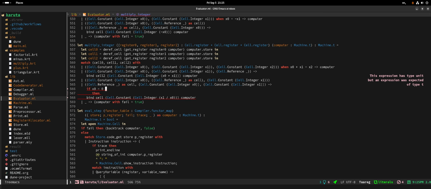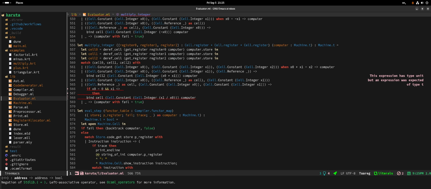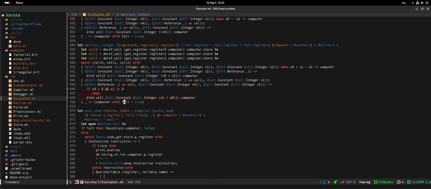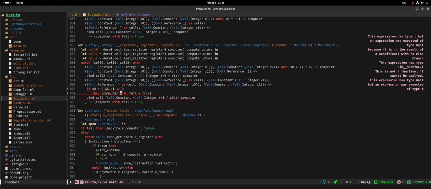Ah, okay. Actually, that's a good catch. And x1 is not 0, then we send this back. But shouldn't this just be a different type of failure, like a runtime error? No, it should just be a fail, because you're basically saying, I'm checking if this multiplication relation holds.